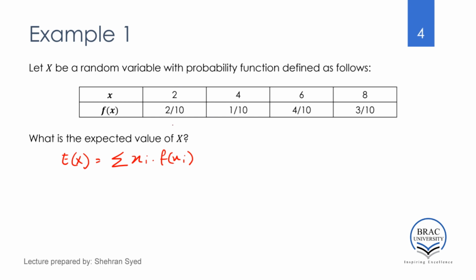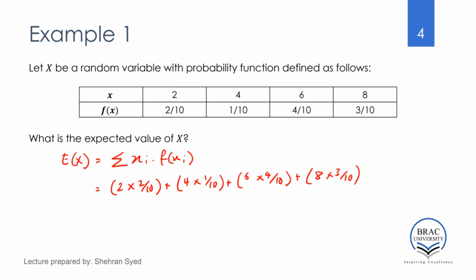So for our given example, that would be 2 times 2 over 10 plus 4 times 1 over 10 and so on. Again, we have 2 times 2 over 10 plus 4 times 1 over 10 plus 6 times 4 over 10 plus 8 times 3 over 10.